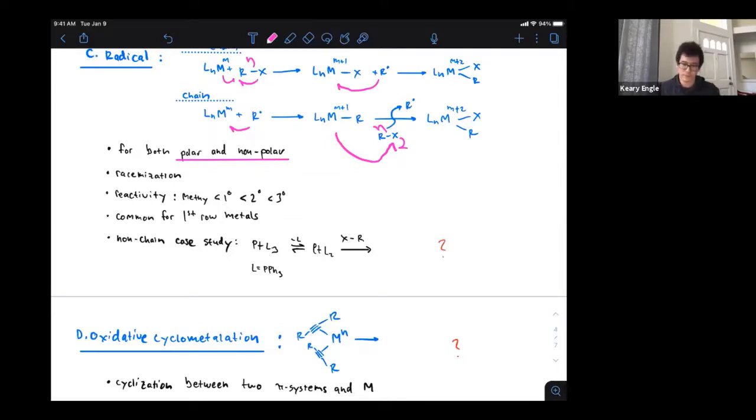So it's faster. The rate hinges intimately on the stability of the carbon-centered radical that is generated, and the order is tertiary radicals are more stable than secondary, are more stable than primary, are more stable than methyl.